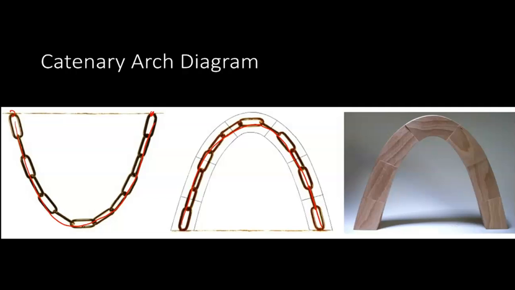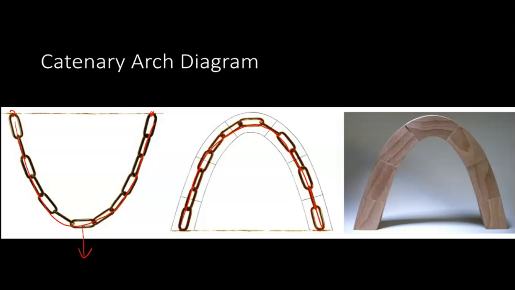Now, what this means is that no part of this arch is under more stress; there's no real part of this arch that is weaker than any other, right? Because if there was, in the chain shape, it would just rearrange itself so the strain on each of the chain links had been equalized. So that's the idea, that gravity naturally forms a chain into this shape.